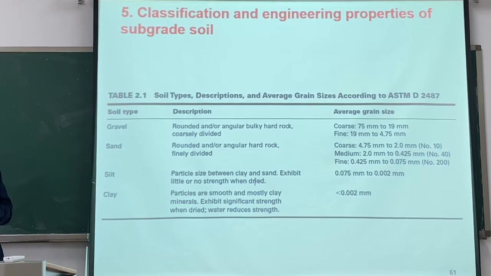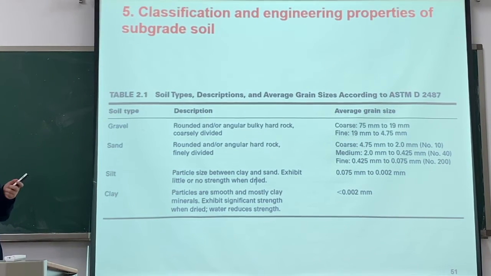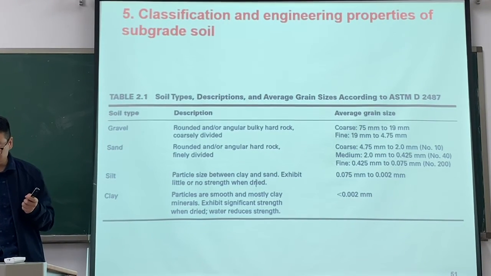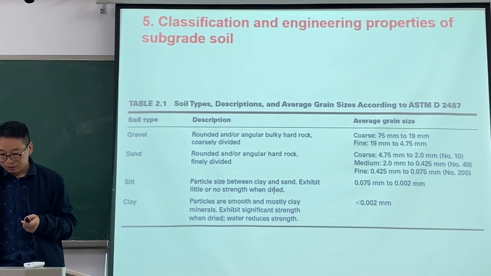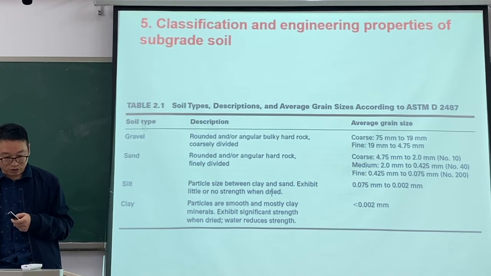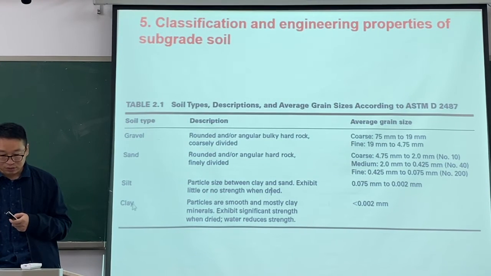This is the table about the soil types, descriptions, and average grain sizes according to ASTM D2487. The soil types are gravel, sand, silt, and clay.